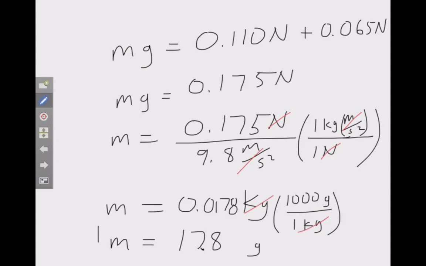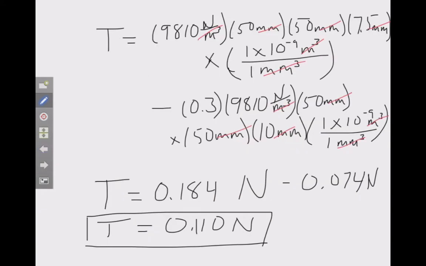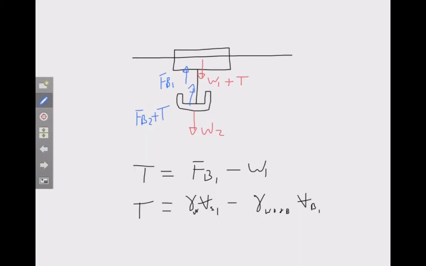So let's just recap the important concepts for understanding this section. It really focuses on understanding what the buoyant forces are. The forces that are pulling down on this are the weight of the object plus the tension in the string pulling down as well. So those are the two forces acting on the wood block.